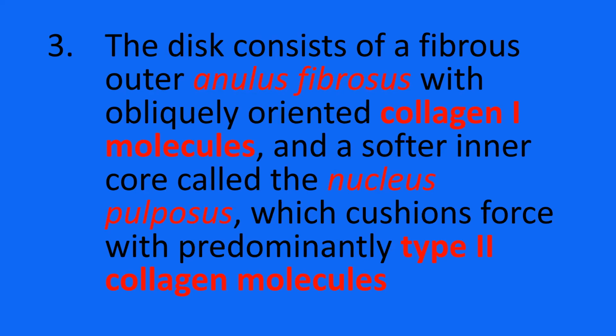Don't forget that in the nucleus pulposus you have the proteoglycans. Don't forget that you have the water, which is 80% in children. Later on it declines to 70% water.